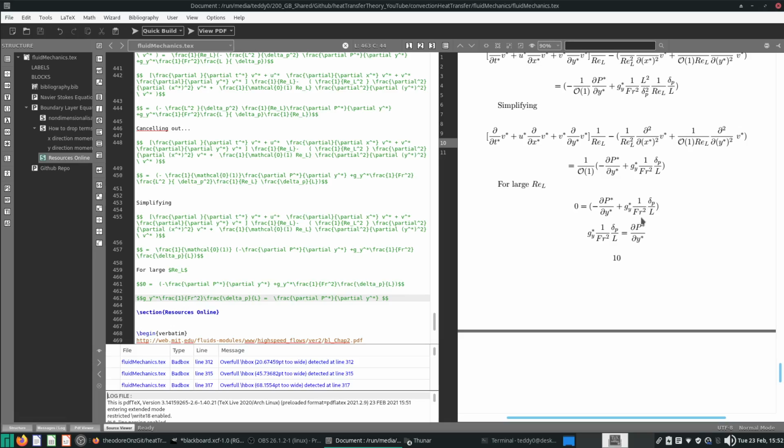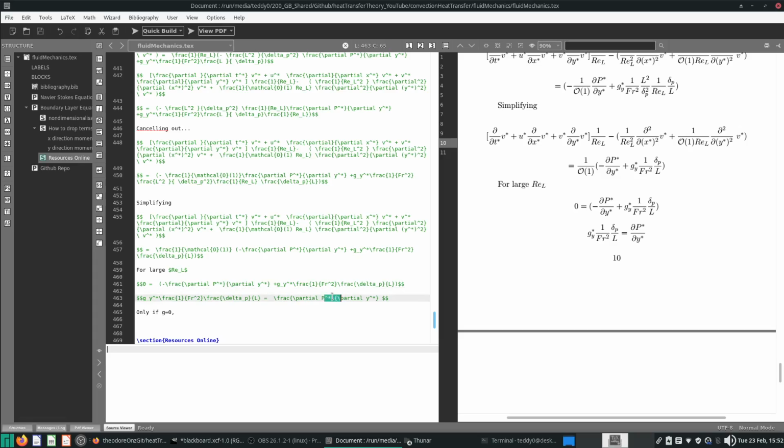Even if you have a very large Froude number, so to speak, even if your boundary layer is so thin as compared to L, it is still non-zero, so you cannot just cancel it out like that. So what we have for the y equation is that gy equals this.